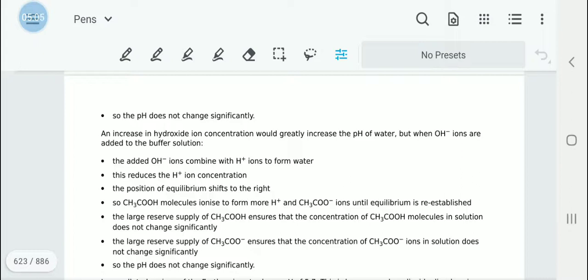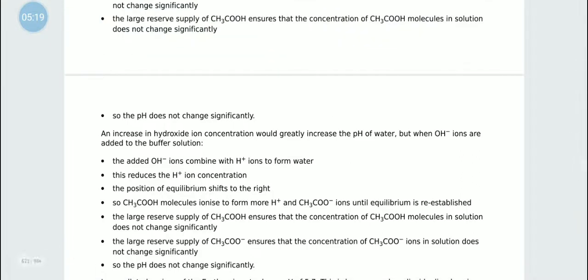In other words, the introduced H plus joins with CH3COO minus ions to produce ethanoic acid, which does not dissociate much, so the pH does not change. That is what happens when you add H plus ions.